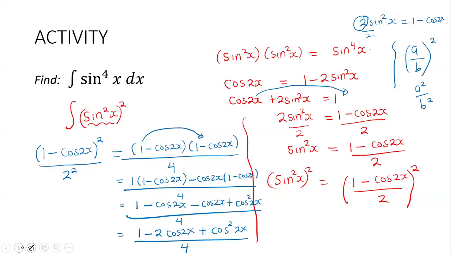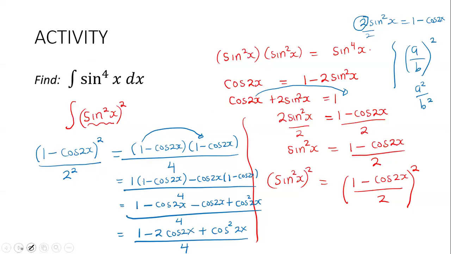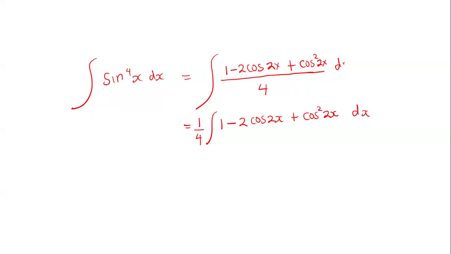Then up, we had 1 minus 2 cos of 2x, then plus cos squared 2x. Now, when we reach here, members, this 4, you can remove it, and I write it as 1 out of 4, integral of (1 minus 2 cos of 2x plus cos squared 2x), with respect to x.